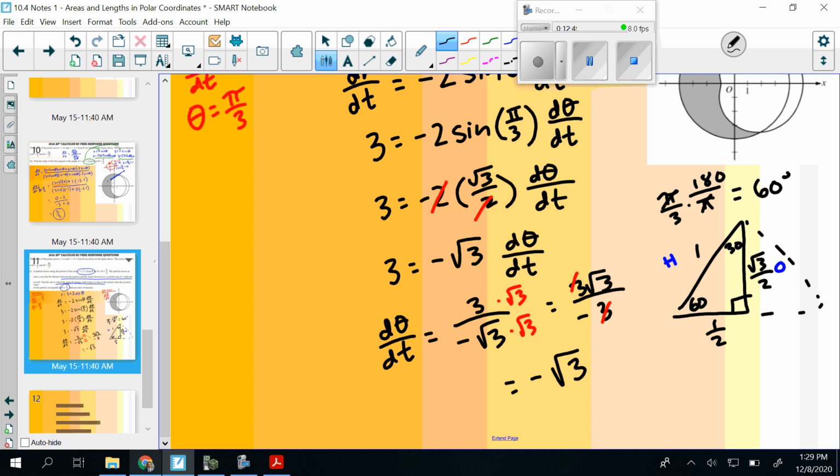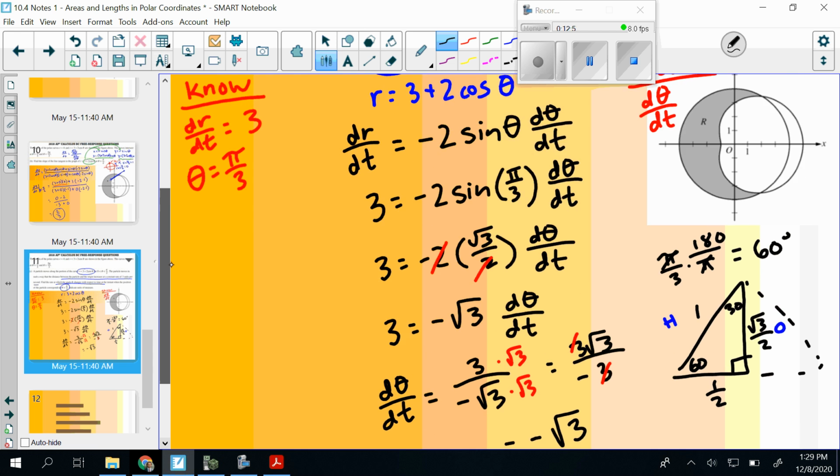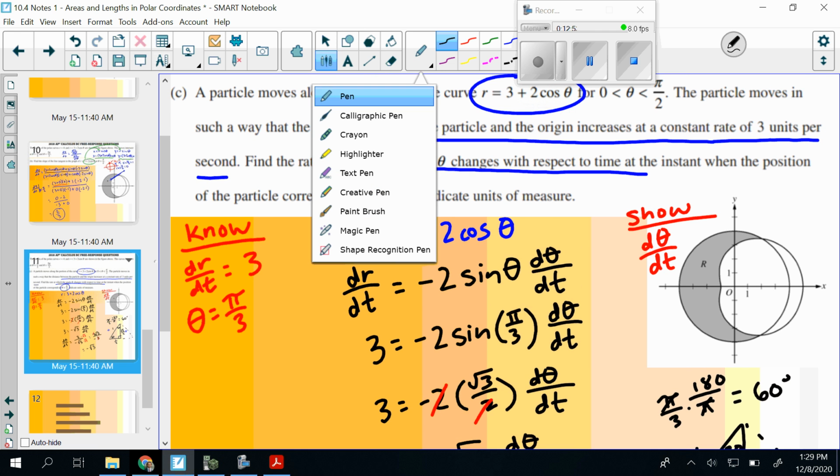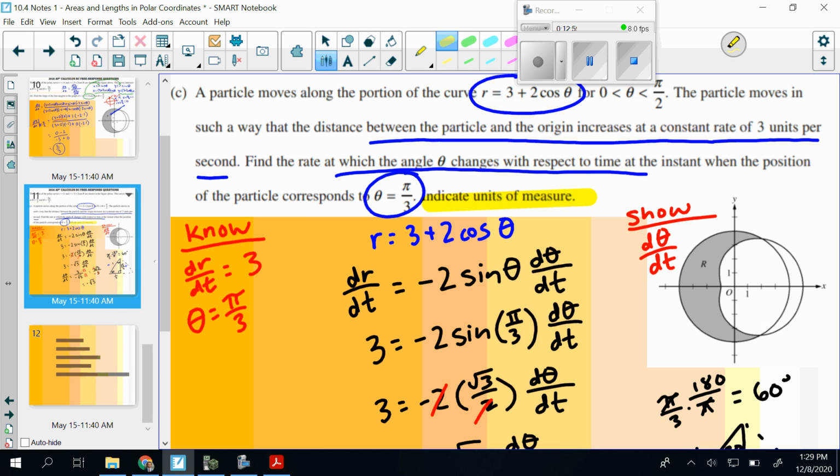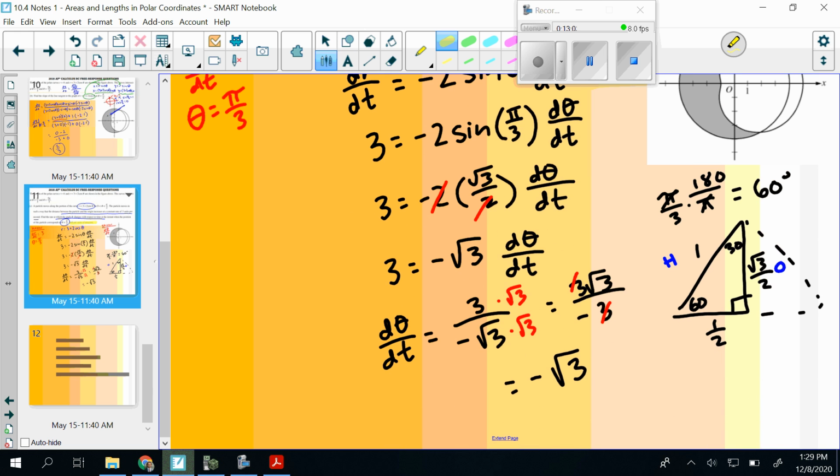And they did say indicate units of measure on here, so make sure that you do that part as well, because that's part of the points here. Anytime you're measuring an angle, and we're measuring an angle here, that would be in radians, because degrees were never mentioned. And then you have to figure out time.